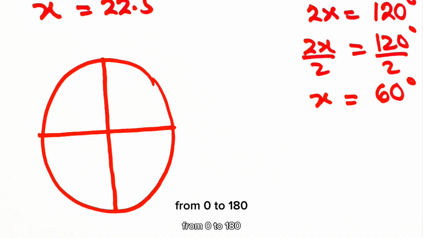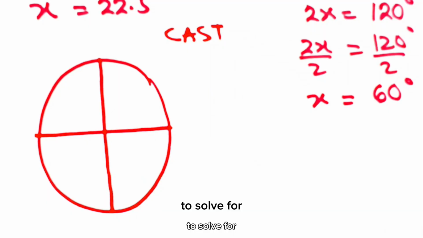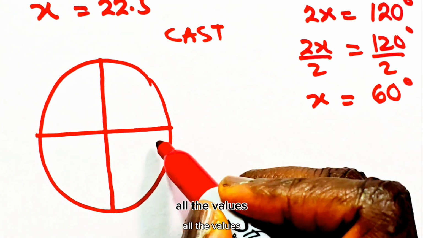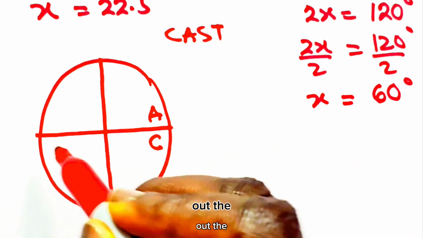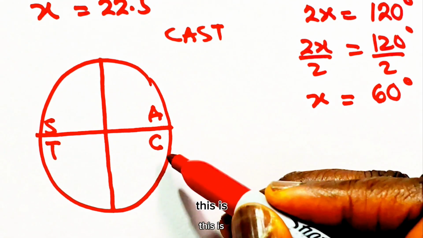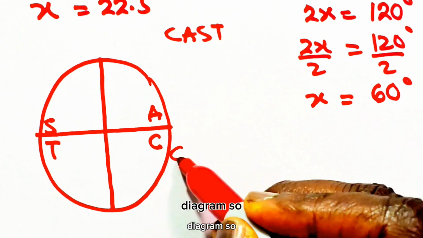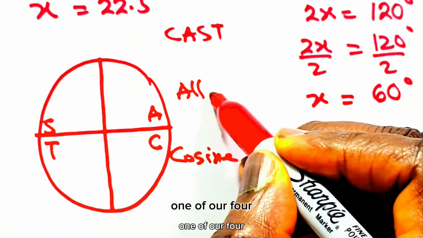And we're going to employ this acronym CAST. CAST is the acronym. The meaning of that is that this is cosine, and this means all positive.